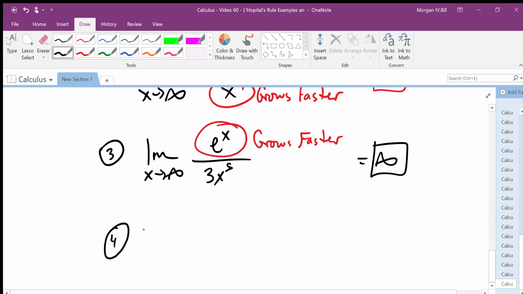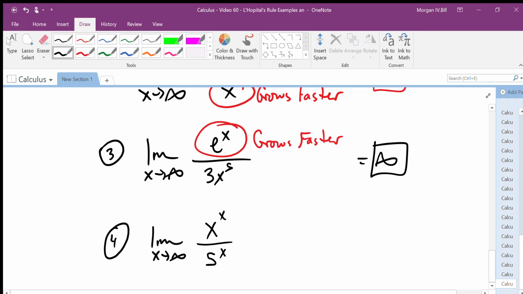And finally, let's do number 4. The limit as x goes to infinity of x to the x over 5 to the x. Now, if x is 1 or 2 or 3 or 4, the 5 to the x is actually larger. And when x is 5, you have 5 to the x over 5 to the x. Or sorry, 5 to the 5th over 5 to the 5th.